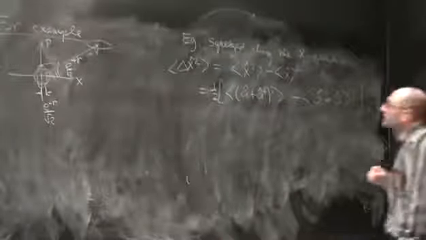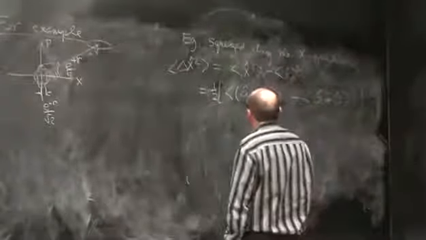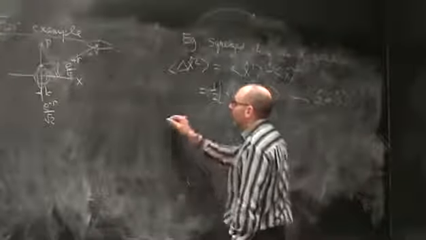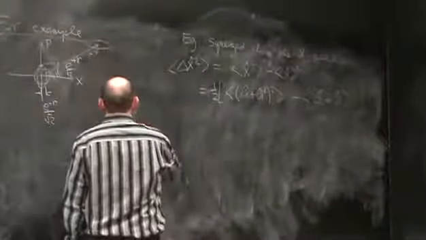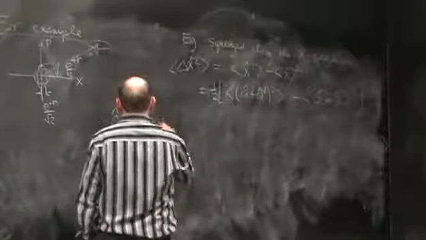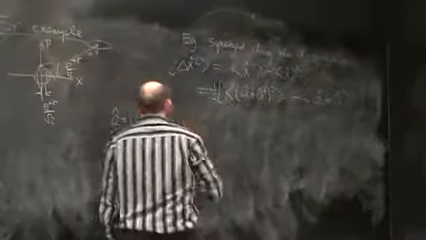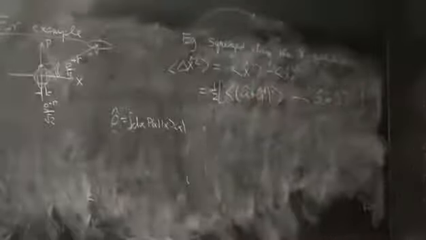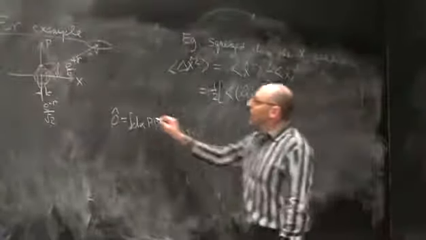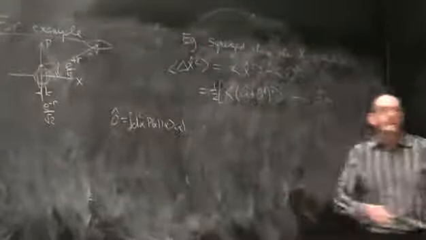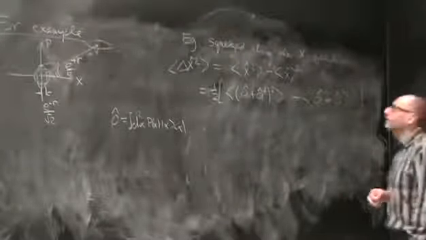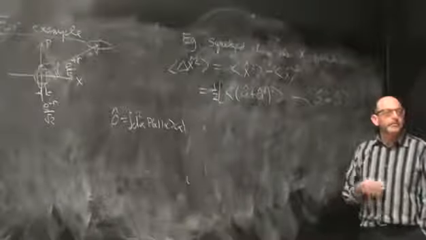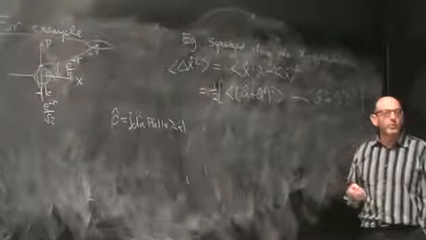Again, if my state is a statistical mixture of coherent states, then in order to calculate these expectation values, I should re-express these operators in normal order. I should commute everything to put it in normal order.